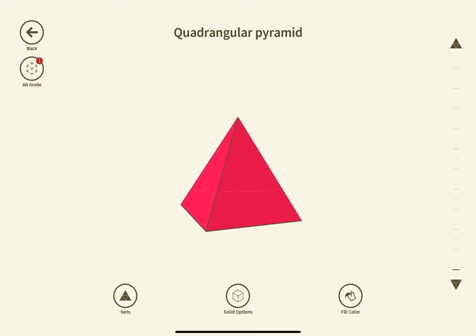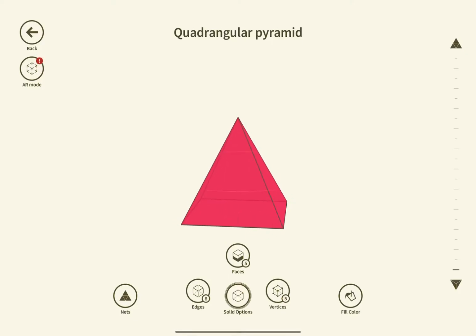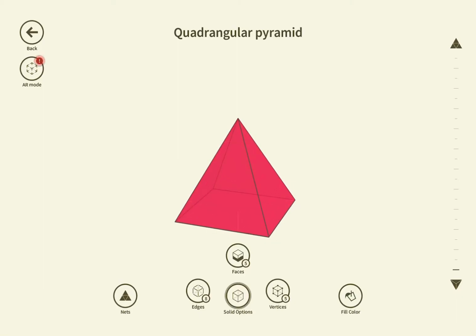Now, the other thing that we can do is we can look at different things. So we can look at faces. Okay. So the faces, now it goes kind of transparent, so you can see through it. And it's trying to show you that there are 5 faces, right?